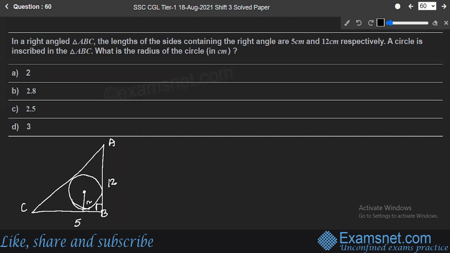So let's write down, you are given AB is equal to 12 and BC is 5 centimeters and there is a circle inscribed in the triangle.